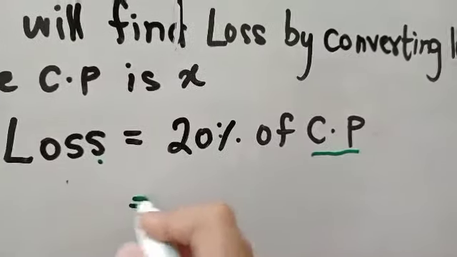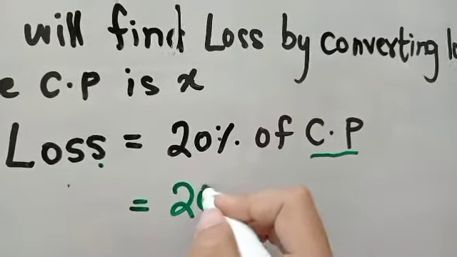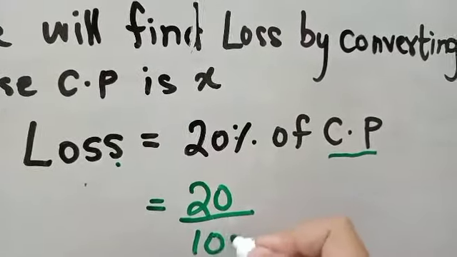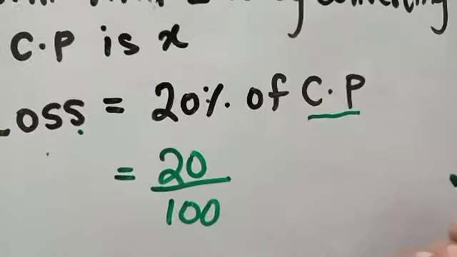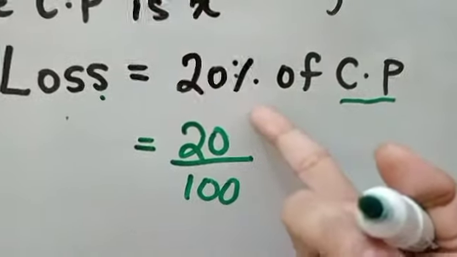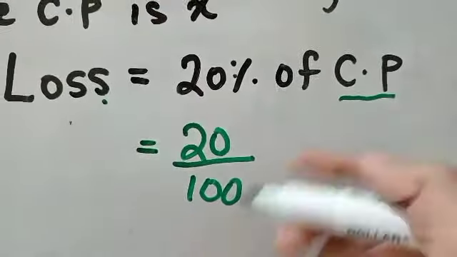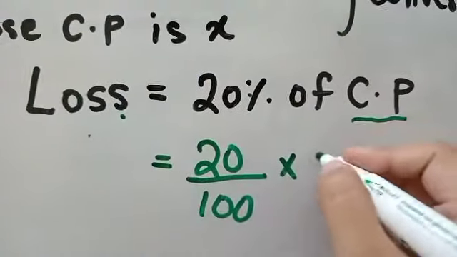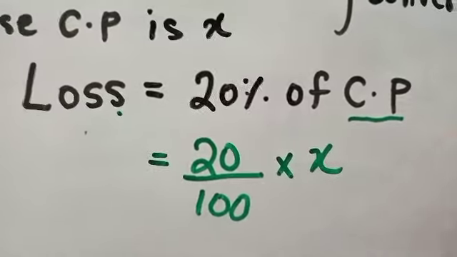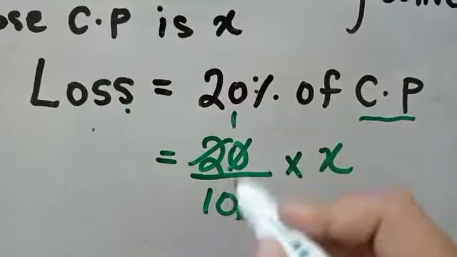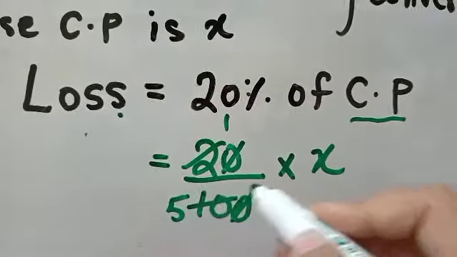Now 20% means 20, and if I have to remove this percentage sign, I will divide it by 100. When I have to put percentage sign, I multiply by 100, and when I have to remove this percentage sign, I will divide by 100. Of means multiply. Cost price, I suppose that this is X. Now I will cancel the zeros, 2 ones are 2, 2 fives are 10.